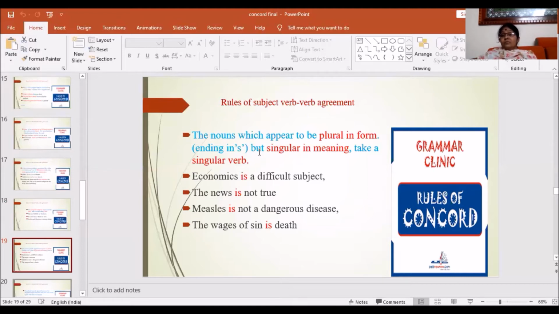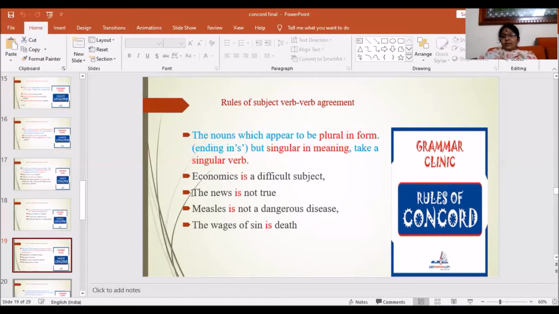The nouns which appear to be plural in form, ending in S. Generally, when it ends in S, we think it is plural. But singular in meaning, take a singular verb. For example, economics is a difficult subject, right? Economics, though it looks like a plural word, it is one subject. So our verb should be in singular.